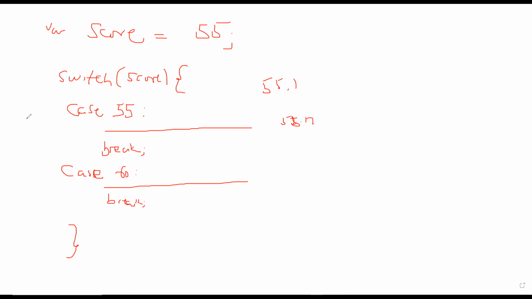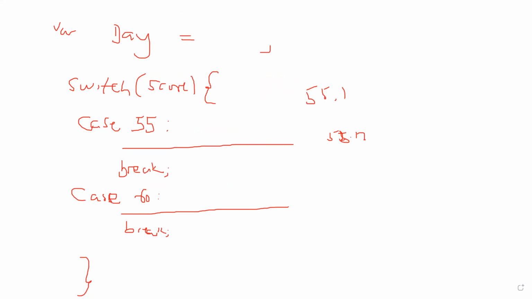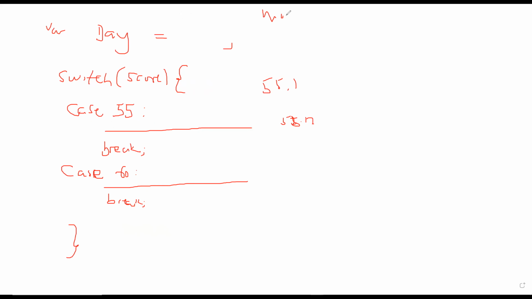But before I go further, let's say we have a finite variable, because number is infinite. Let's say we have a finite variable called day, and you know that we have Monday to Sunday.